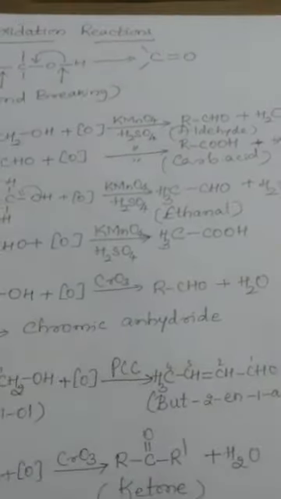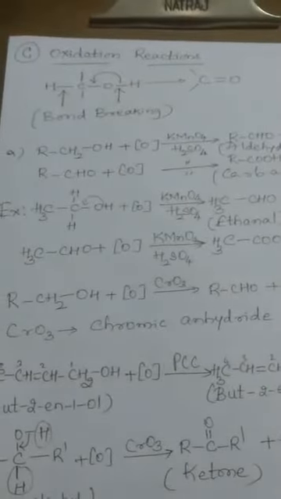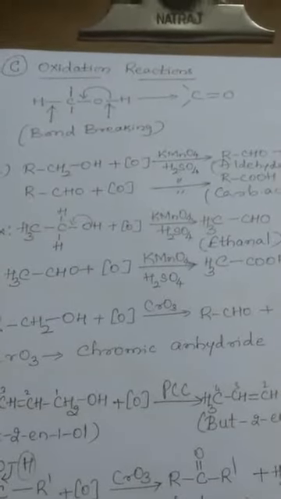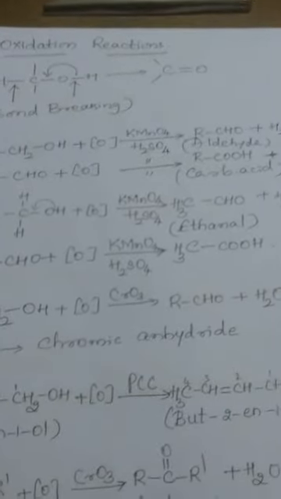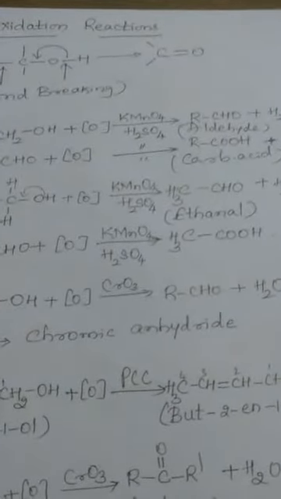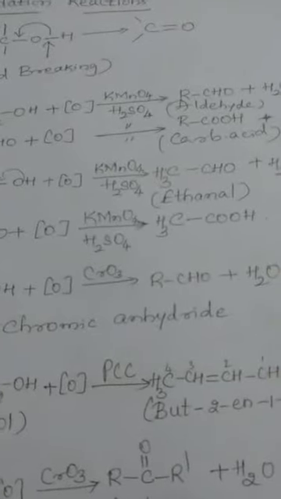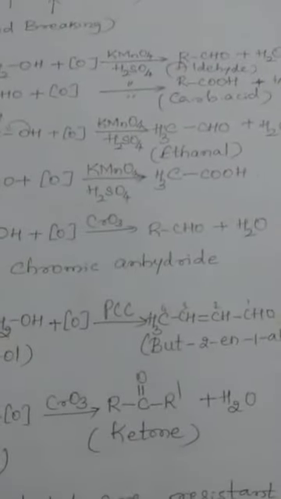Further oxidation in the presence of acidified potassium permanganate will give the product CH3COOH, that is acetic acid or ethanoic acid, as the end product.